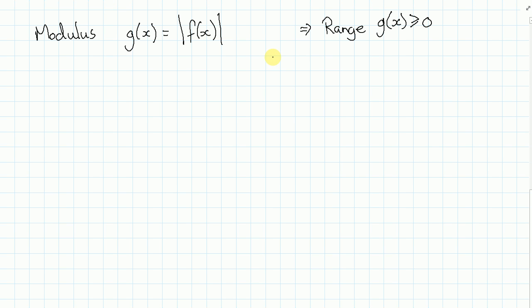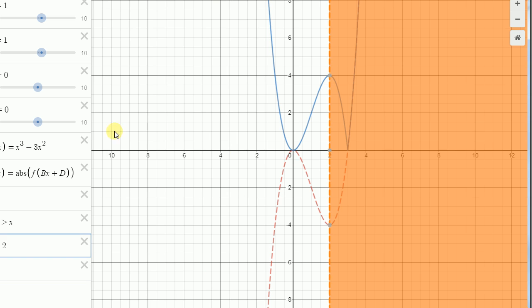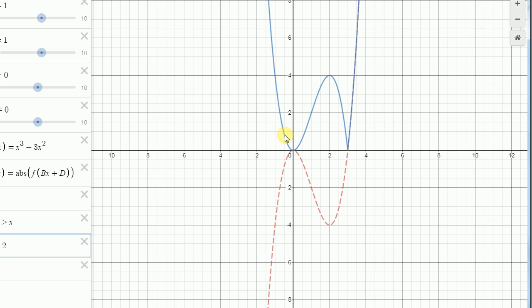So let's have a look at what happens to our cubic curve when we do this modulus function. So we've got the original cubic, and for every point where the graph is above the line, it all matches up. Actually, I said I'd get rid of those two. Get off.